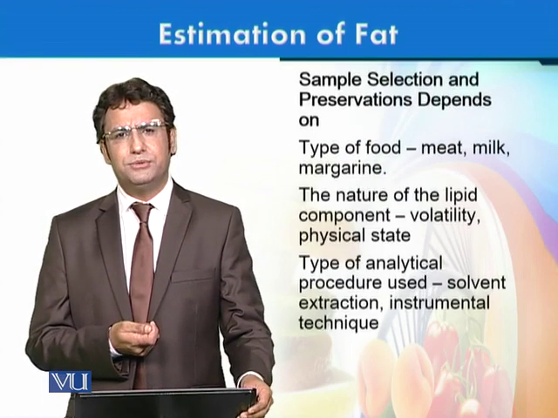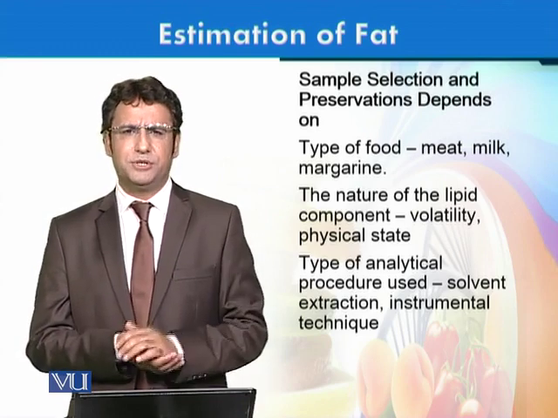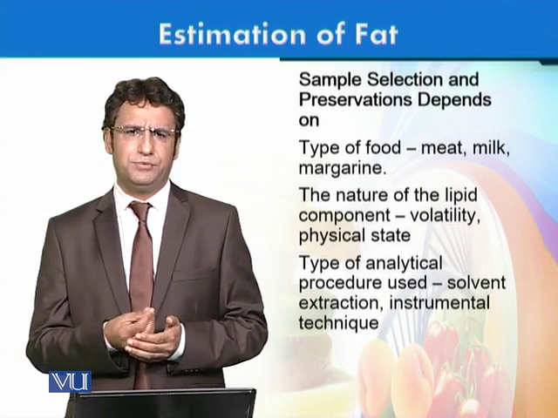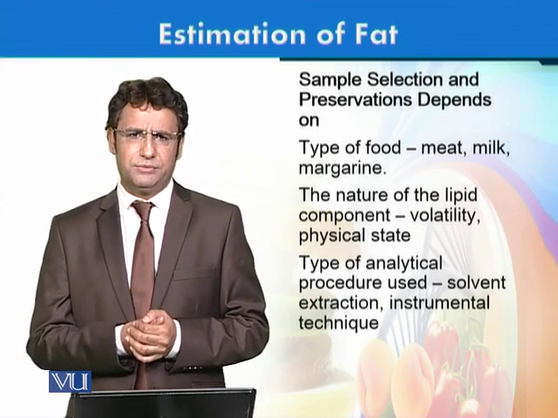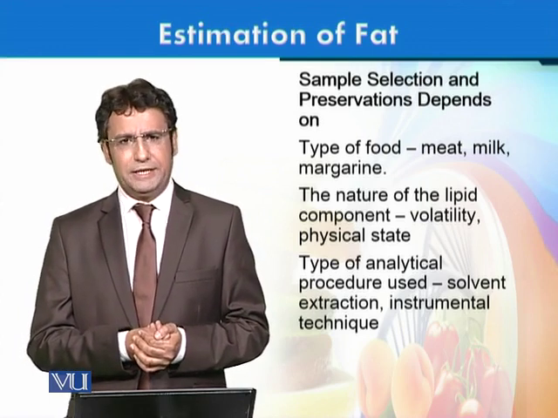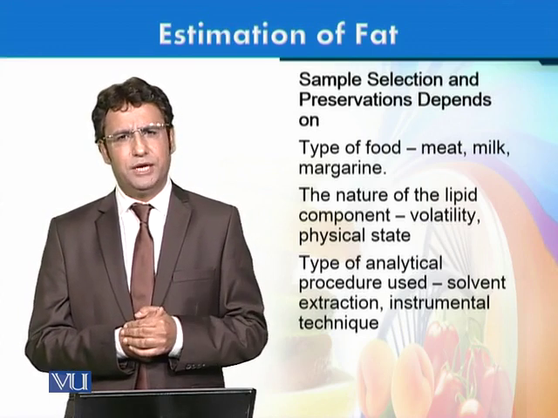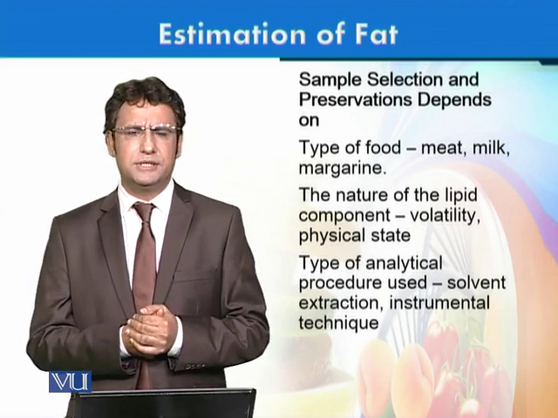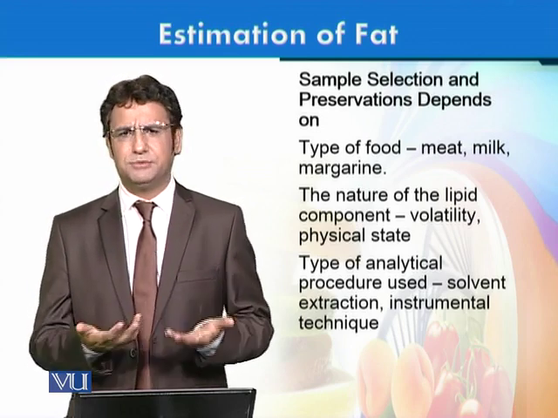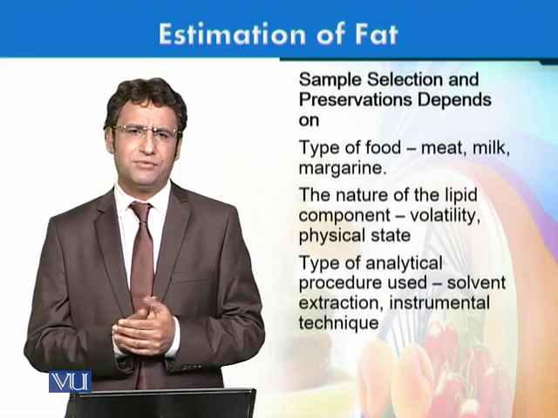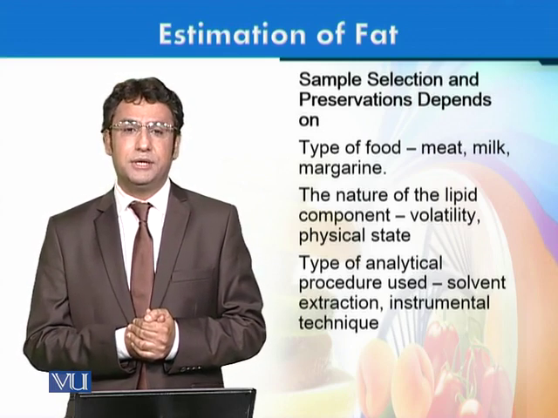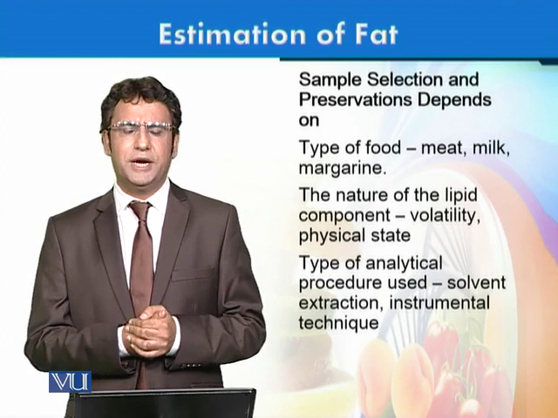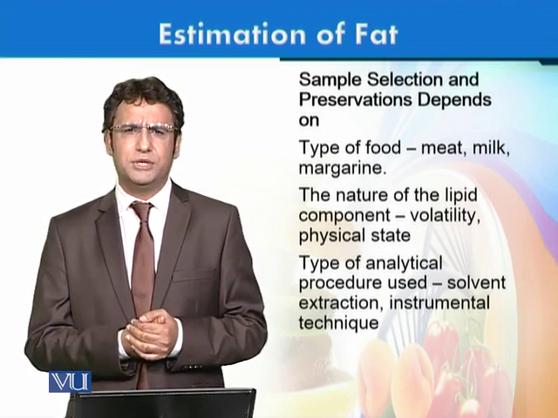When it comes to sample collection or preservation of food for which we do the fat analysis, it can depend upon the type of food. For example, in certain instances we might have a liquid food such as milk from which we want to extract fat, or it could also be a solid food which might have a little amount of fat that needs to be extracted.